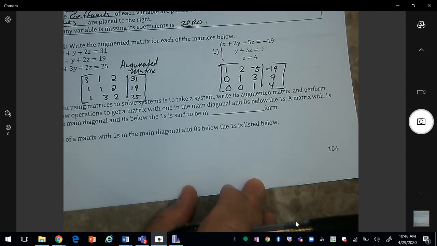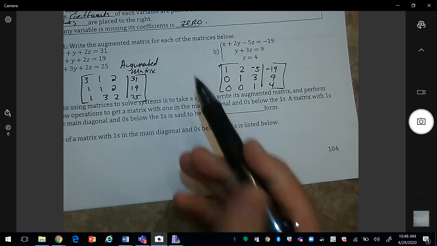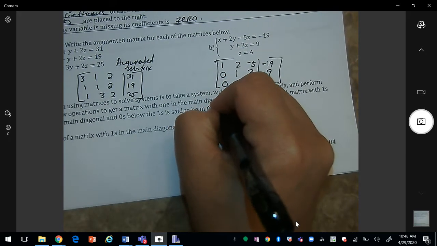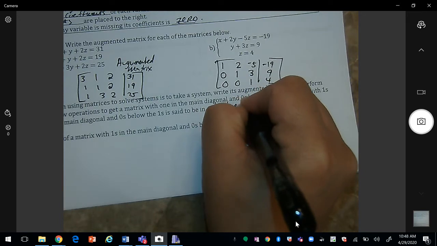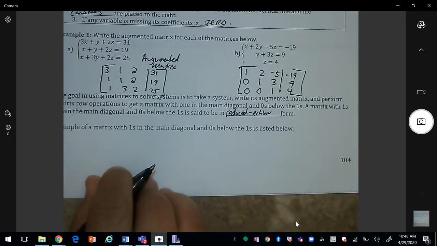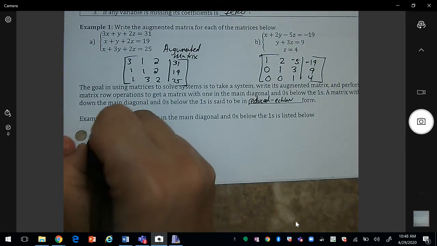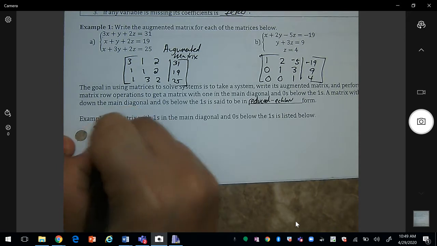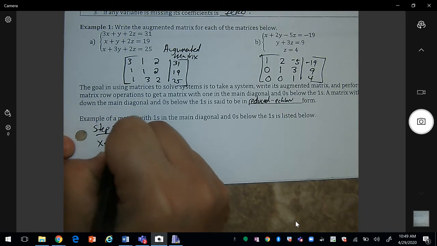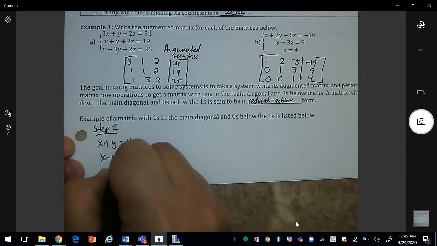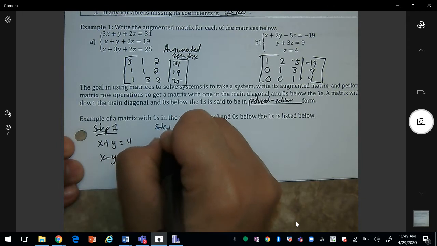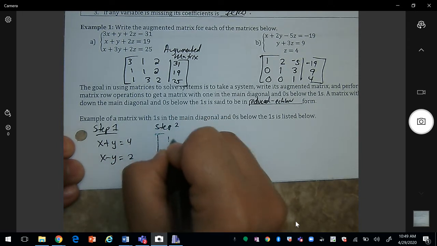And then finally, we would come down to a reduced echelon form. And so basically what it would look like would be something like this. So first you have a system of equations, and then we would write it into an augmented matrix.